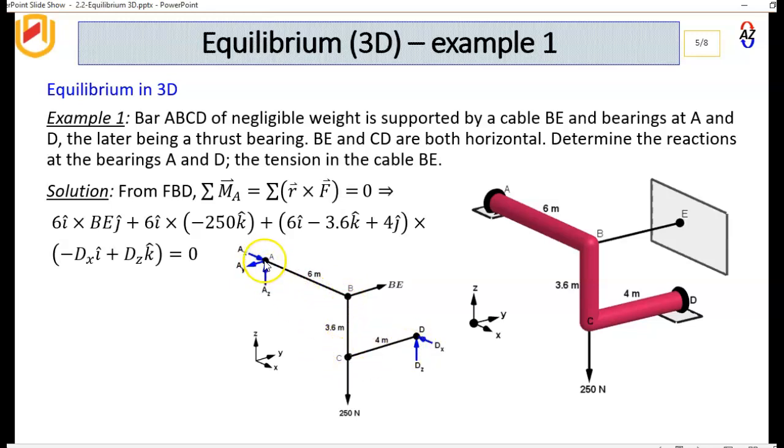The moment arm will be 6i minus 3.6k plus 4j, and then we cross multiply with these two. This one will be minus Dx i, and this will be Dz k.